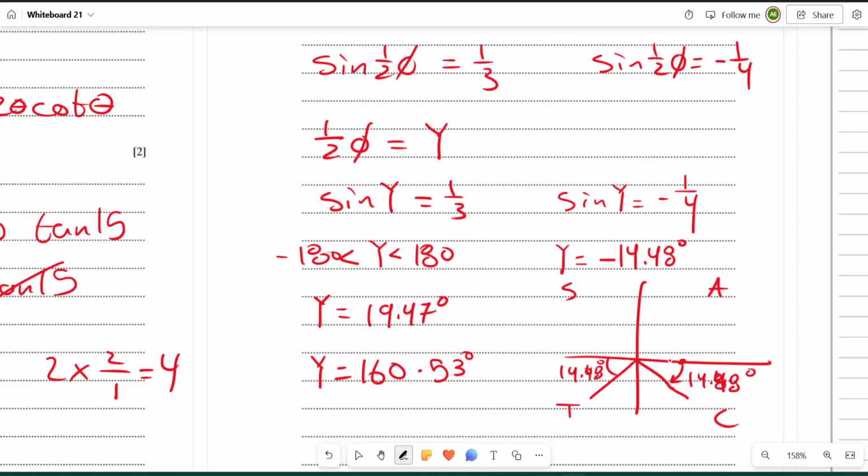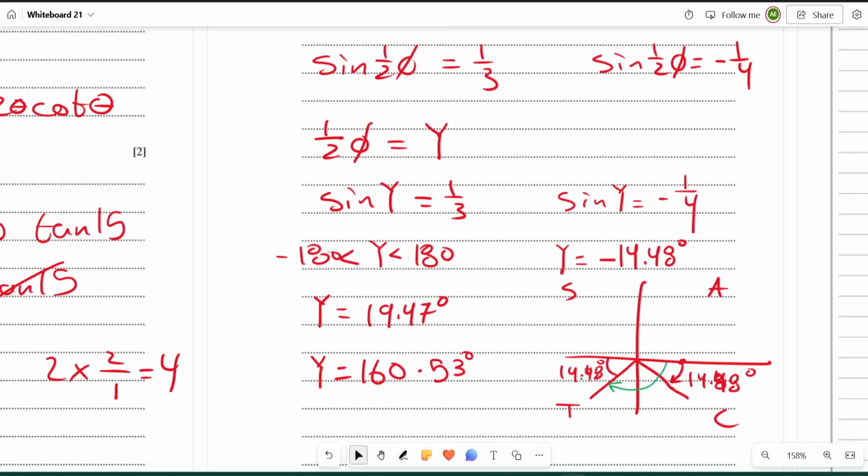Let me ask you, if we go anti-clockwise to get the positive answers, we did a full 180 and then we need some more. So this is also outside of our range. So there are no positive answers here. The next answer is going to be this angle over here, which is going to be 180 minus 14.48.